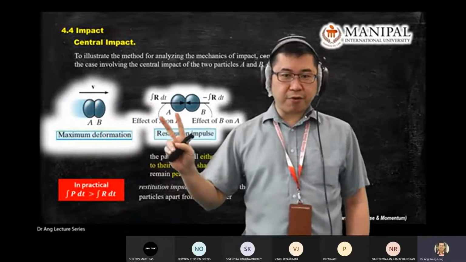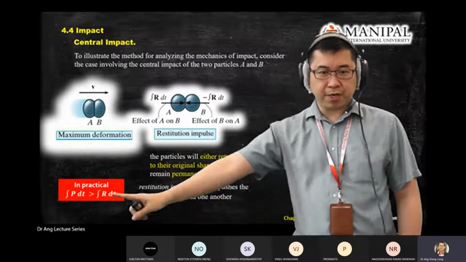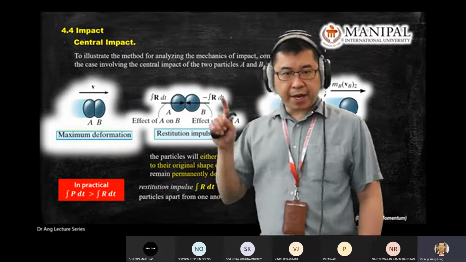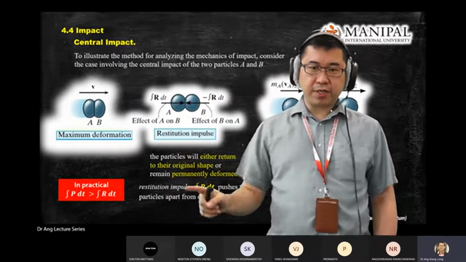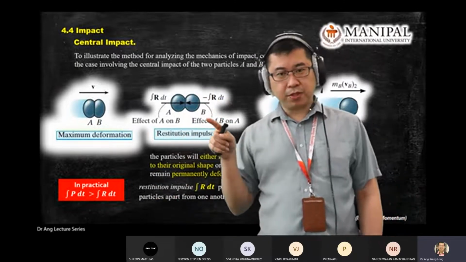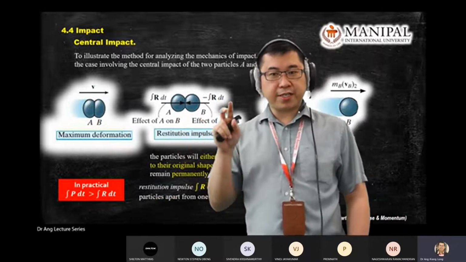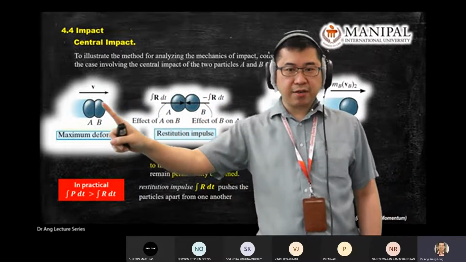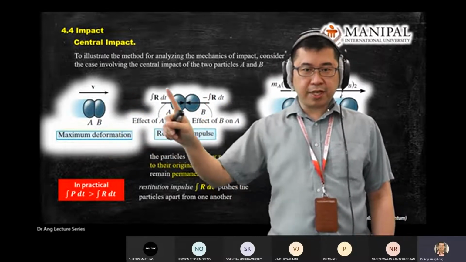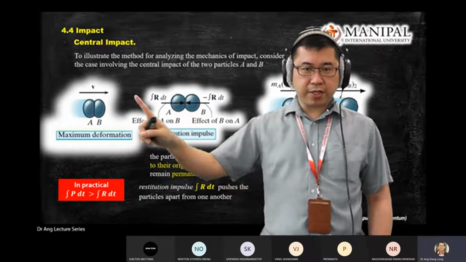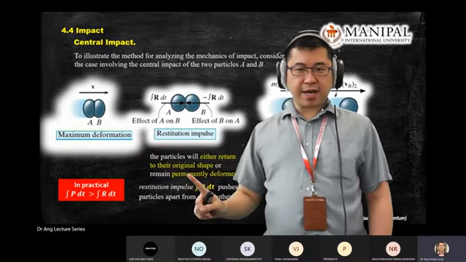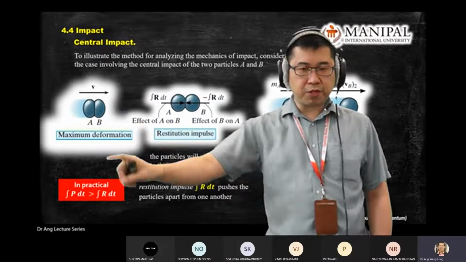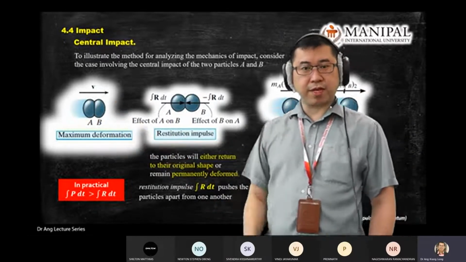After the deformation, R will be smaller than P. Then the restitution phase has two possible cases: either the object returns to its original shape, or it stays at its permanent maximum deformation shape. There are two scenarios.